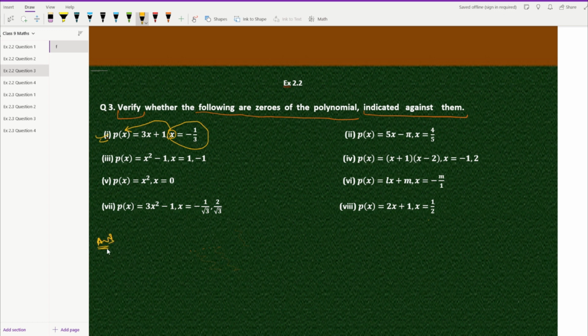Before answering this question, let me quickly remind you what is a zero of a polynomial. Zero of a polynomial क्या होता है पहले वो हम देख लेते हैं बस जल्दी से.